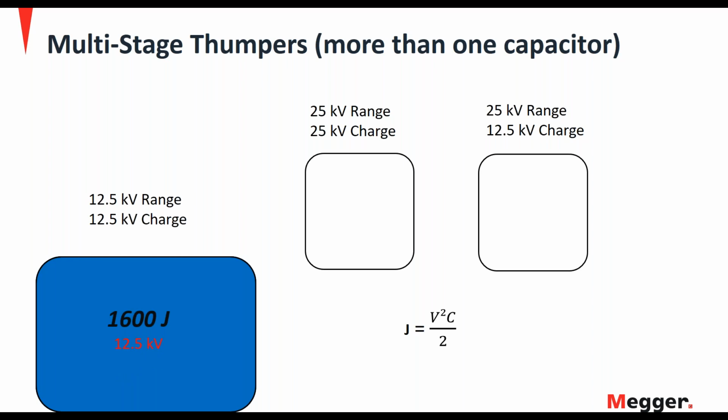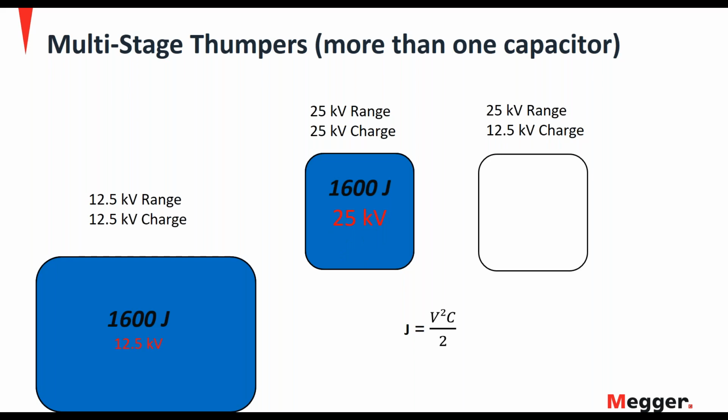Now, for some reason, say breakdown was above 12.5 kV, we have no choice but to use the higher voltage range. We have a 25 kV range associated with a smaller capacitor. If we charge that capacitor all the way up to 25 kV, we're once again at 1600 joules of energy.